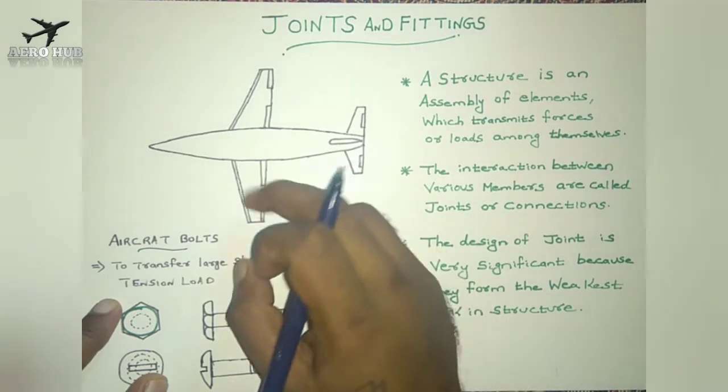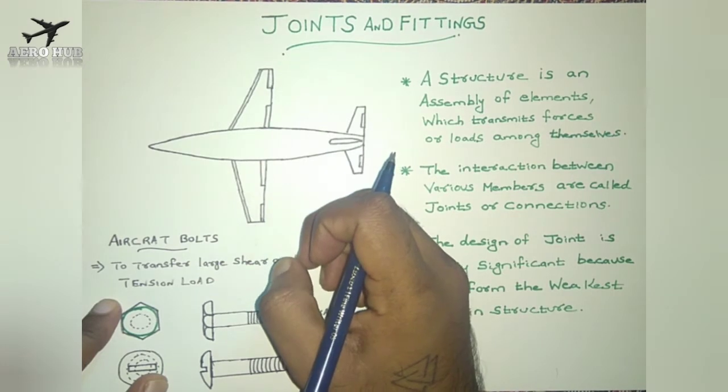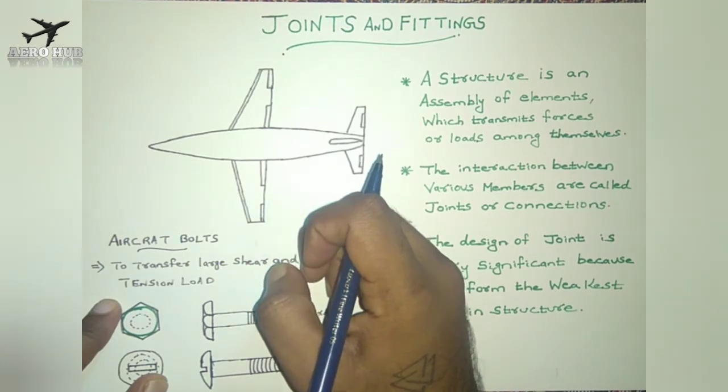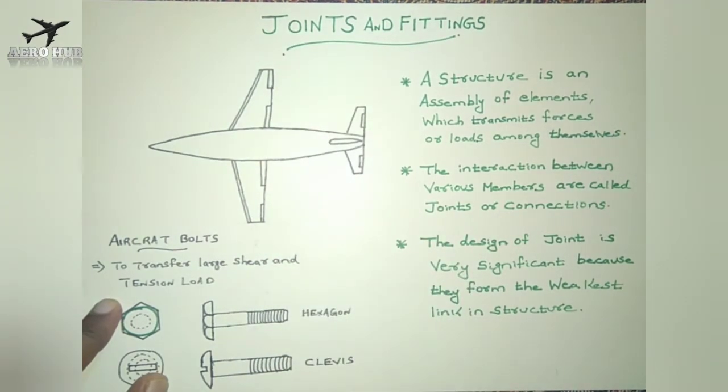In an aircraft we have different components: the fuselage, the wings, the horizontal and vertical stabilizers, and these components are made from different materials. Finally, all these components are assembled to form the entire aircraft, so we use different connections and joint techniques to assemble them.